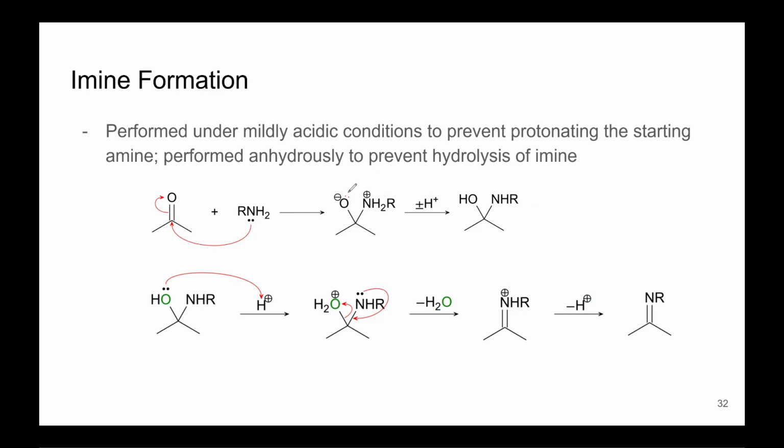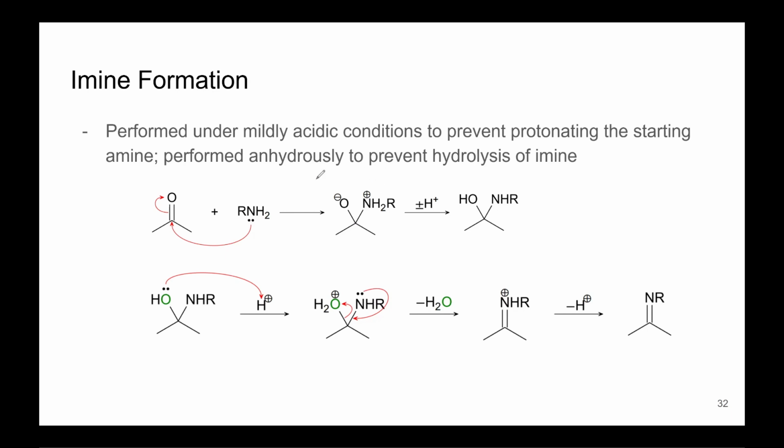Of course, you can just draw the mechanism for the oxygen grabbing an external proton, and then this nitrogen losing a proton as well. But if you want to draw the intramolecular proton transfer, then by all means, because you don't really need an external proton to proceed.